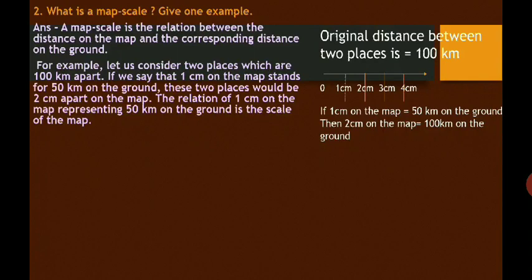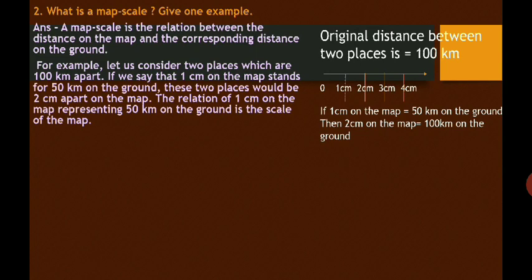So the map scale is the relation between distance on the map and the corresponding distance on the ground. For example, let us consider two places which are 100 km apart. The original distance between two places is 100 km, but if we say that 1 centimeter on the map stands for 50 km on the ground, so when we start drawing a map, we have to represent that in a scale.